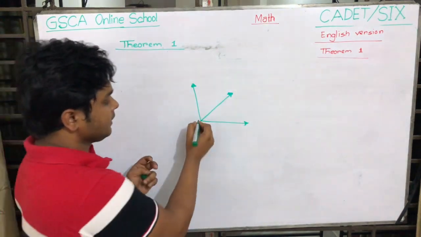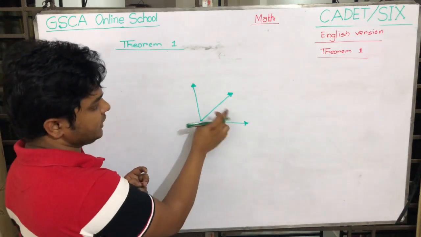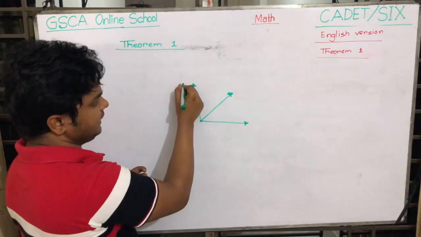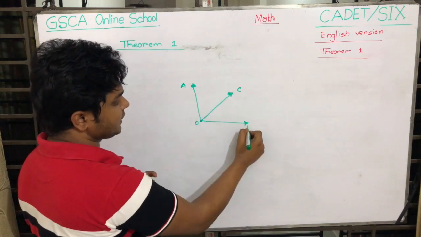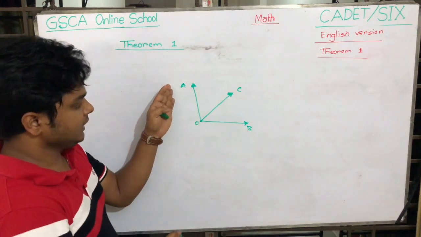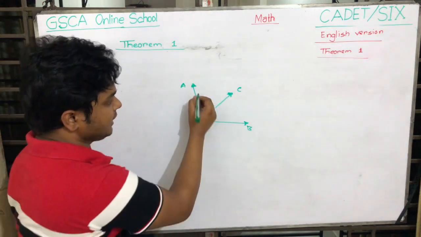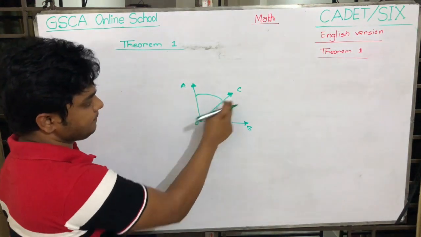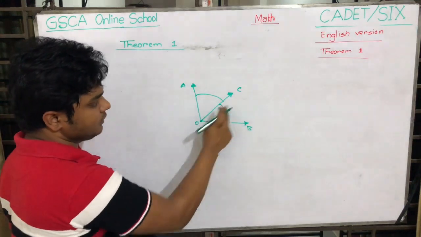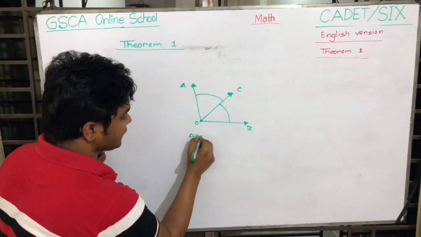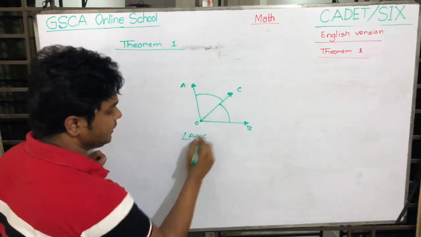Clear? Now you can see two angles. If we name these points A, O, B, C, and I write AOC, what is the name of this angle? AOC. And this angle is BOC.